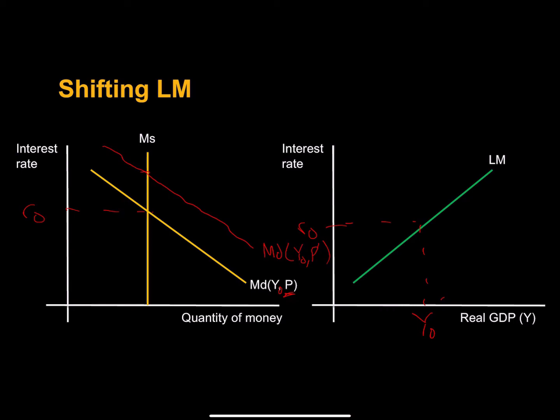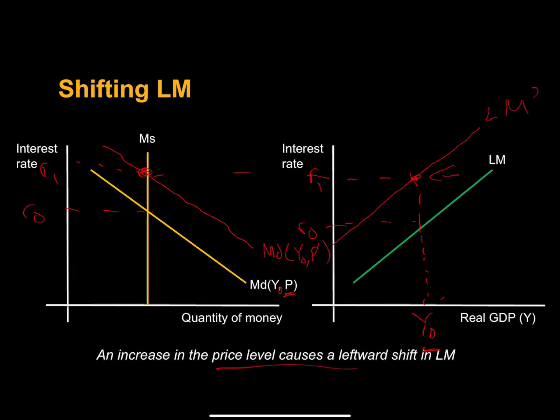And there's going to be an increase in money demand, and we're going to have a higher interest rate. So if there's an increase in the price level, holding our real income constant, we're going to see a higher rate of interest. Sketching our LM curve here, an increase in the price level causes a leftward shift in LM.